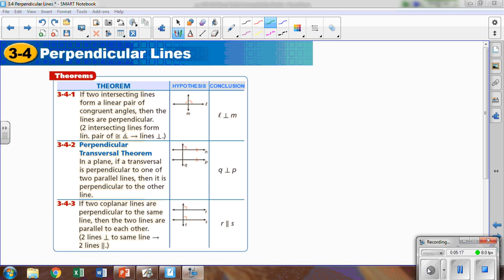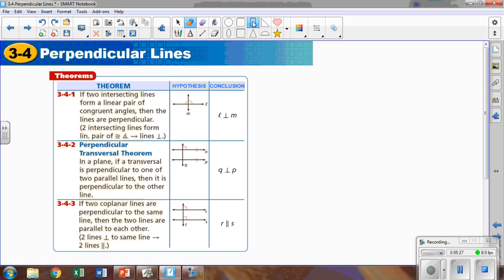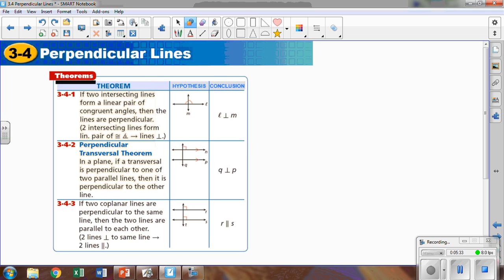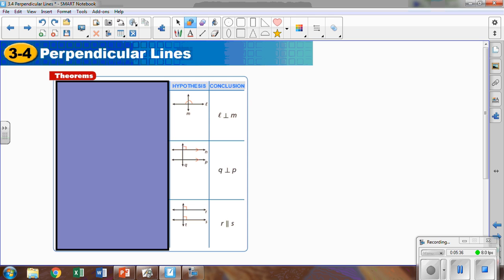Now, besides working with shortest distance, there are several other facts that you should know about perpendiculars. For the moment, I want to get rid of all the words, because the words are less important than the stuff on the right-hand side.